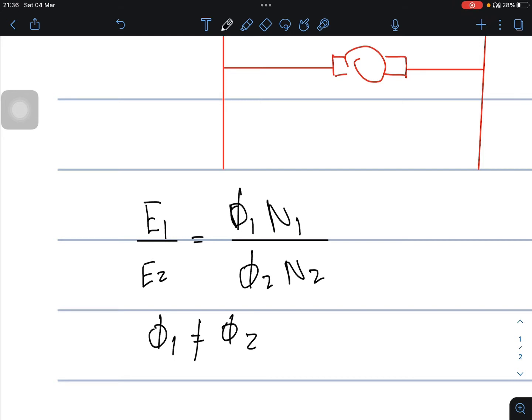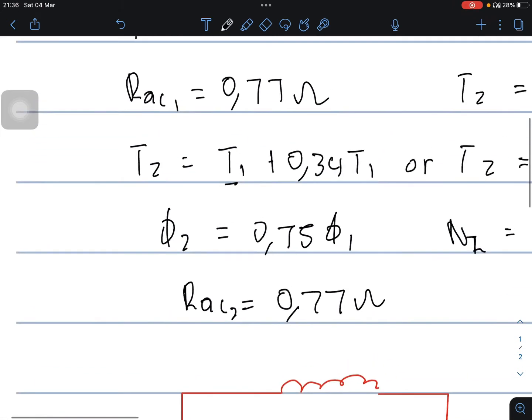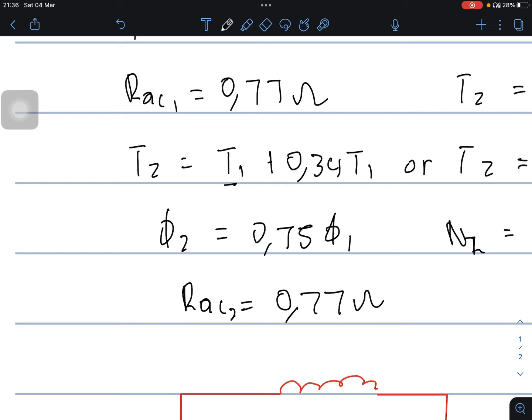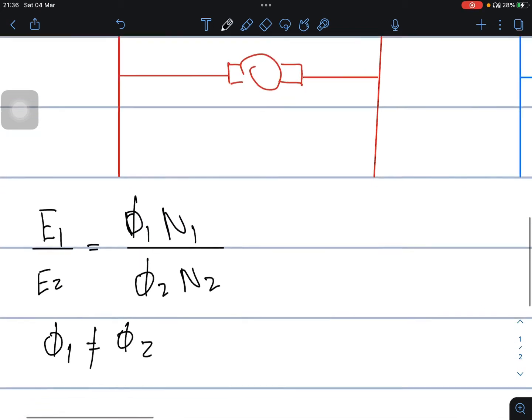I have explained in the flux that flux 2 is equal to 0.75 flux 1, because if it is reduced by 25%, that means we are left with 75%.